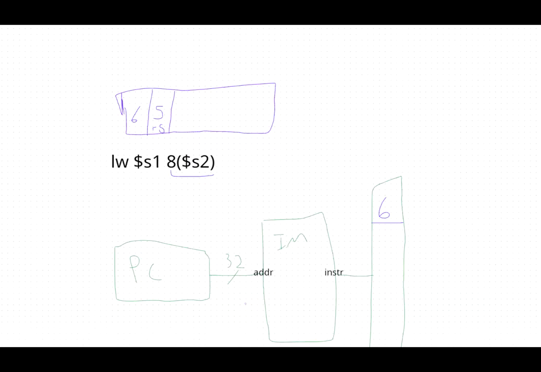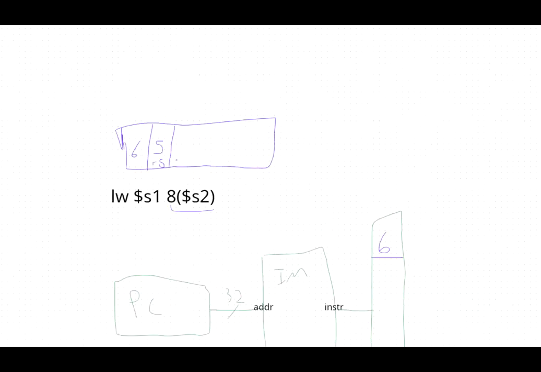Georgios, you remember exactly how this is broken down? What do you mean? For the load word, how it's portioned up. So it's RS is 5, RT is 5, so it's 6, 5, 5, and 16.